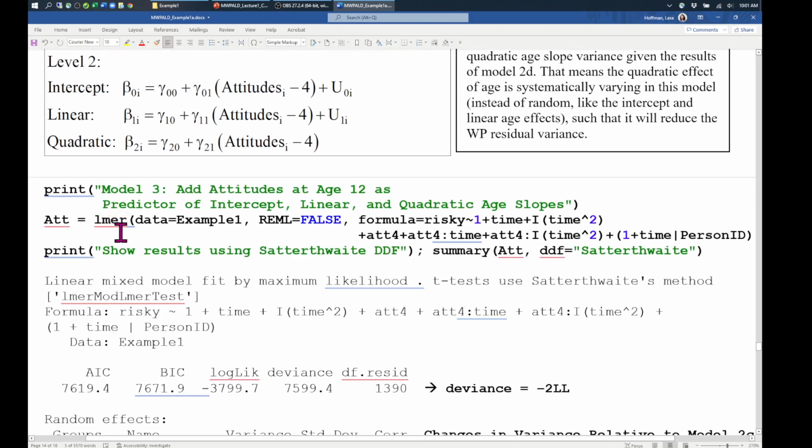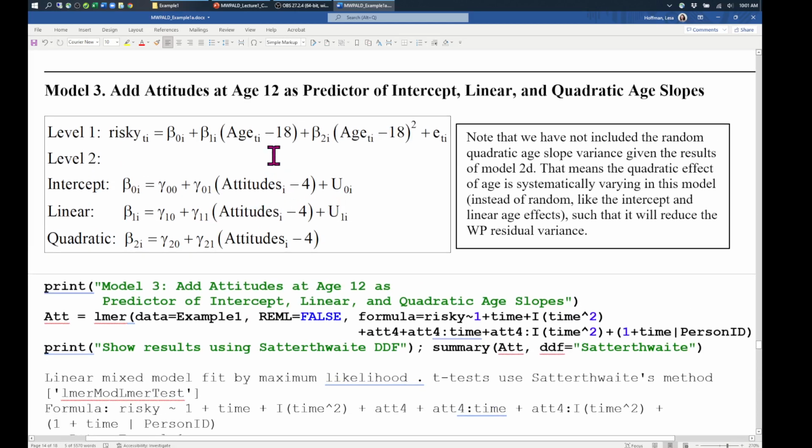So given that I don't need residual correlation, I can switch back to lmer. I am including parent attitudes in 3 different places here as a predictor of the intercept, linear, and quadratic slopes. So the idea would be that children whose mothers have more conservative attitudes maybe have less risky behavior, if parent opinions matter.